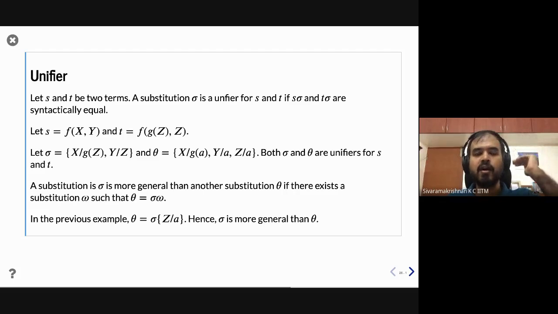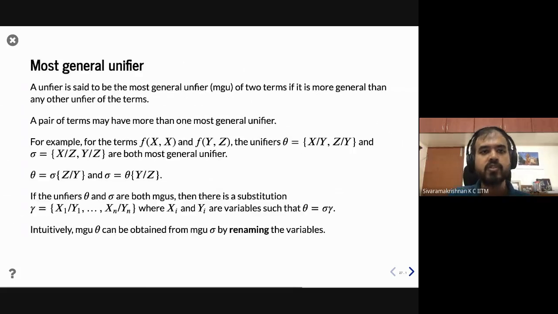What is the unifier that is the most general for two terms? So given two terms, they might not unify, right? But if they do unify, there must be the unifier which is the most general. So how do we define this most general unifier?